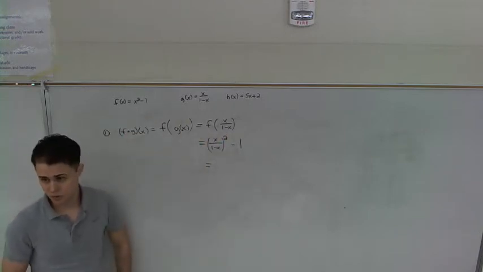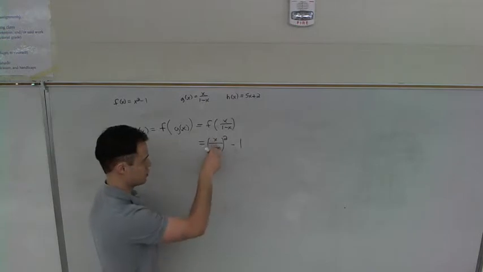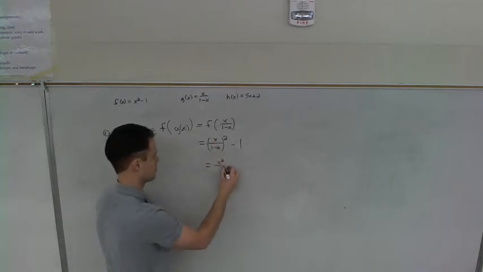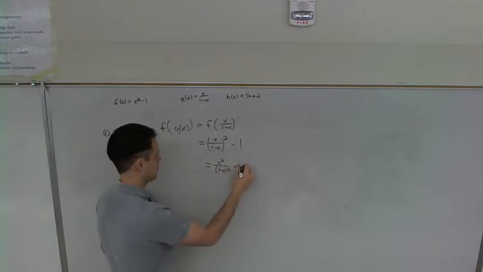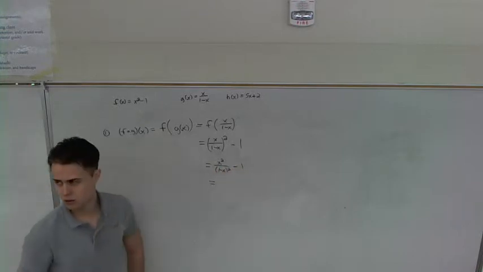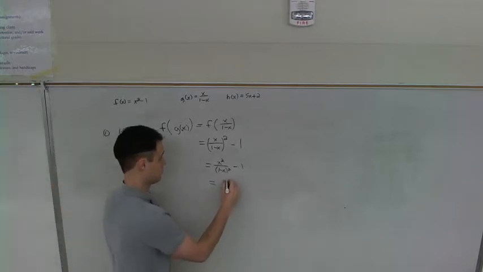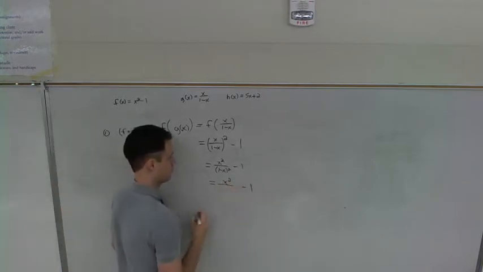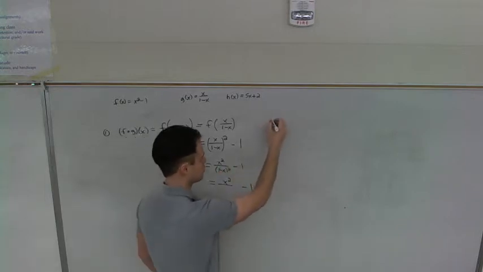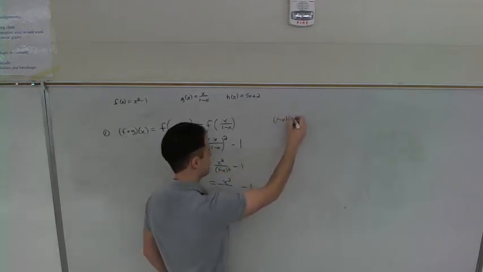And now I'm just going to simplify it. So I should square the top and the bottom, so I'll get x squared. When I square the bottom, what am I going to have to do with that? I'm going to have to expand it out, right? So if you're not comfortable with this, do some scratch work over here like this.